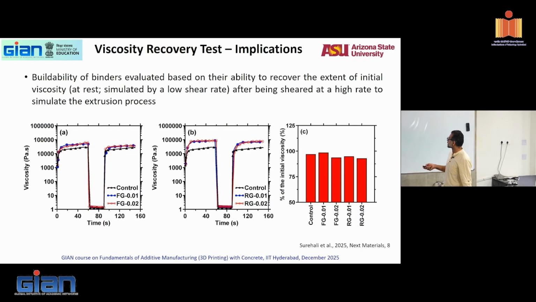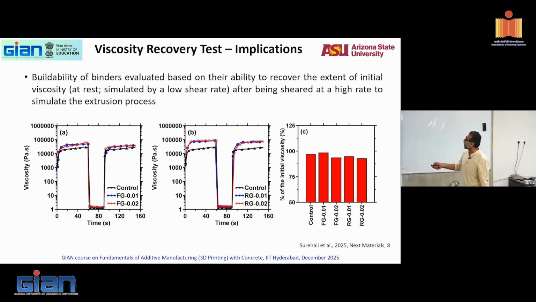So here is how the results will look. Here is your initial viscosity, you extrude it, and then you go back to rest. It's recovered all of that viscosity at a low shear rate. At high shear rate, you have really low viscosity. Shear thinning, remember?